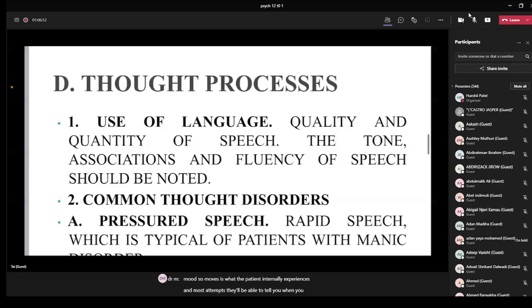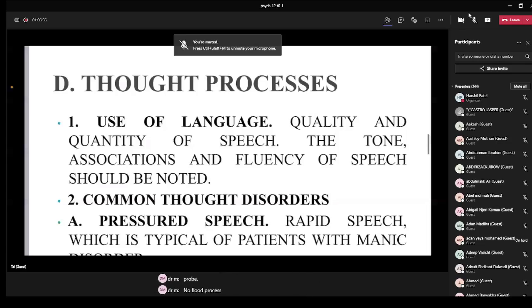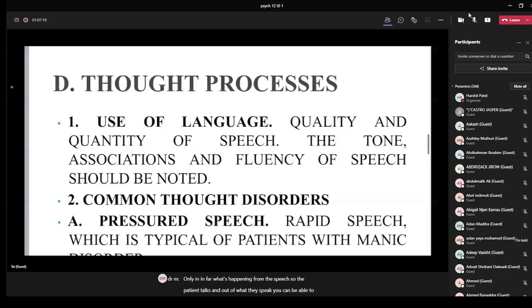Now, thought process. Thought is use of language, and that's where we can access the thoughts. And we can only infer what's happening from the speech. So the patient talks, and out of what they speak, we can say what their thoughts are like.